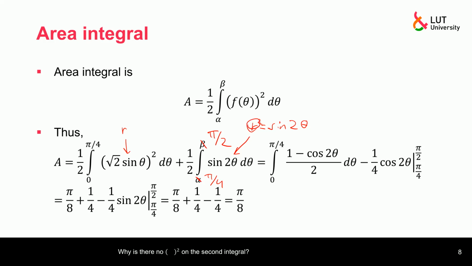Okay, this becomes again 2 sine squared theta. Just a conversion formula, so that part becomes 1 minus cosine 2 theta. You may notice that there's no 1/2 here, so that went in. And so we get 1/2 integral of 1 minus cosine 2 theta over 2.